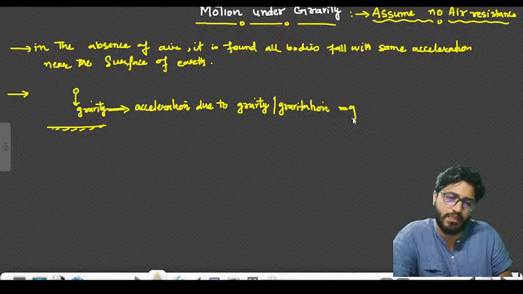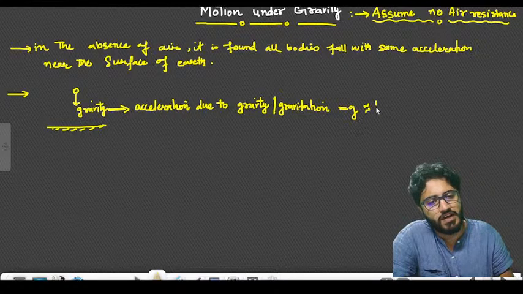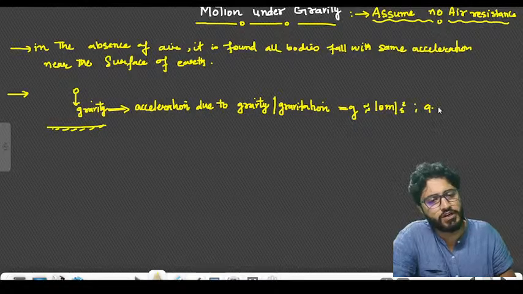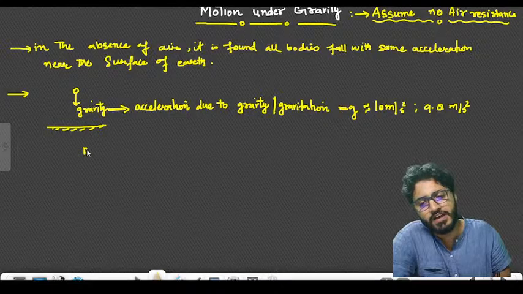That is g, and broadly we take its value as 10 meters per second square, sometimes 9.8 meters per second square also.